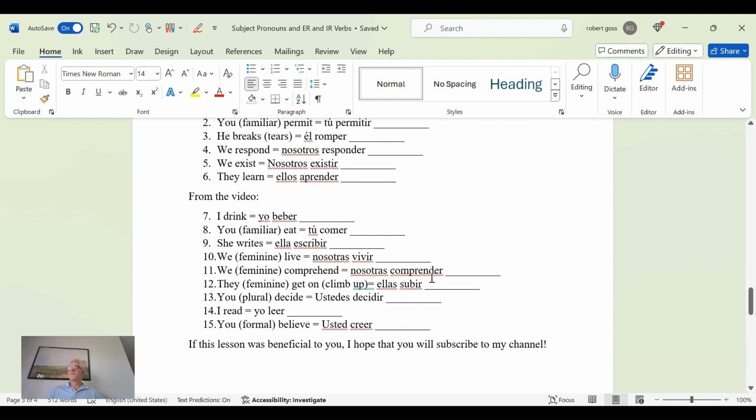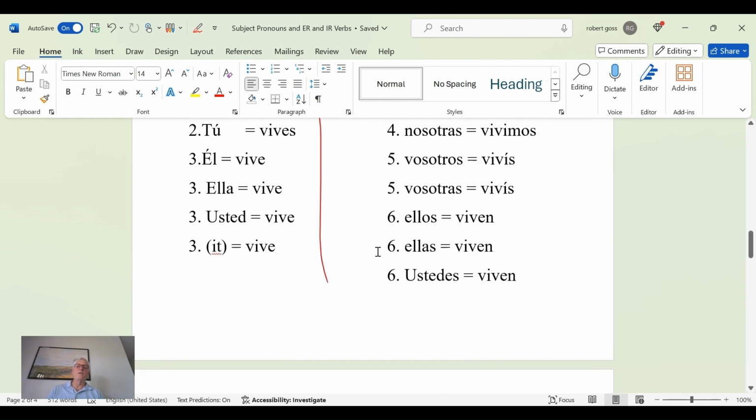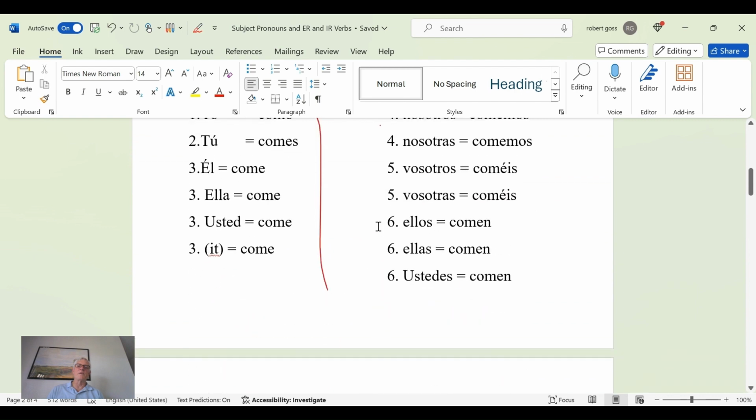And I've taken these verbs from, if you're doing the course where we're learning Spanish by jokes, some of the verbs that are in those exercises. So let's do the ER verbs first, and then we'll talk about IR verbs.